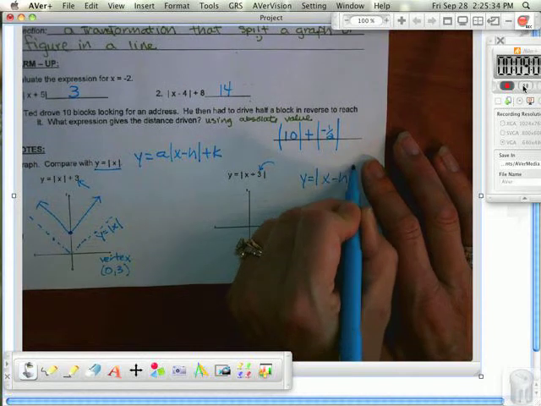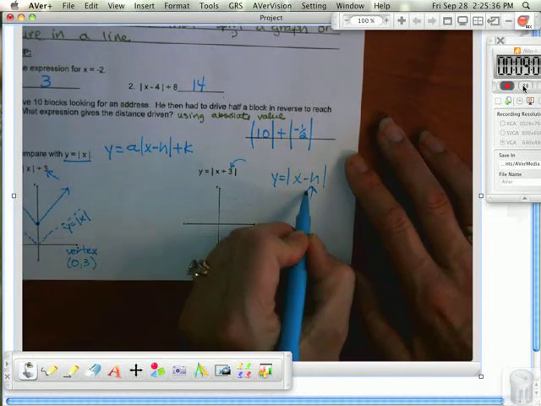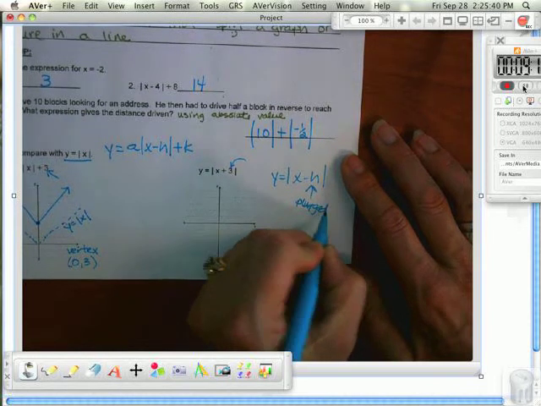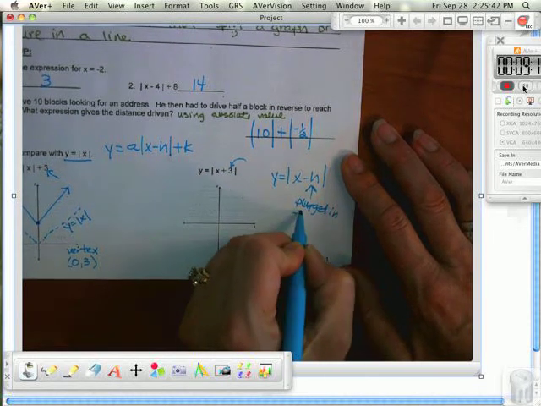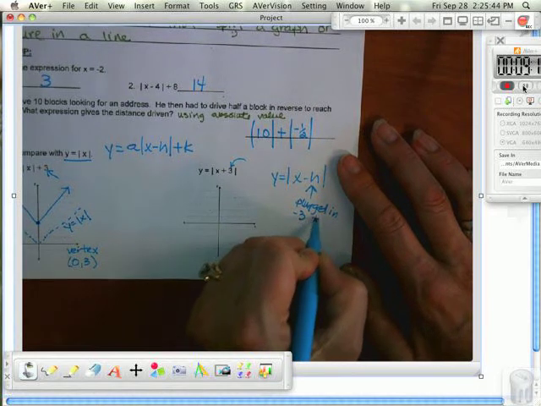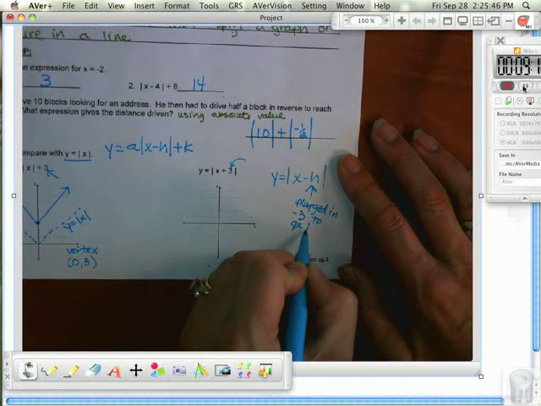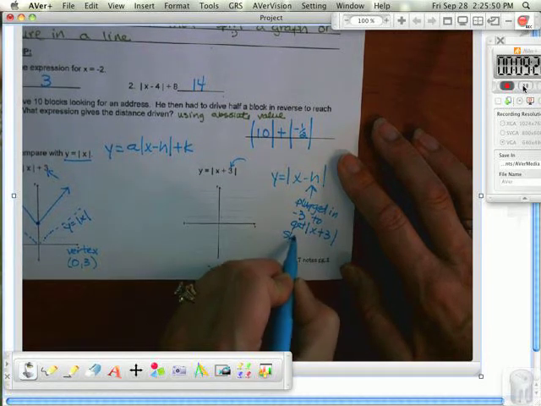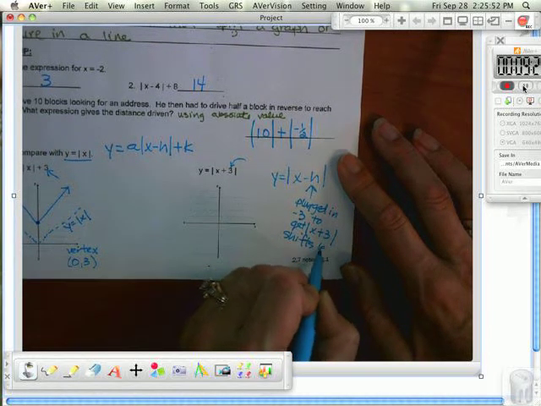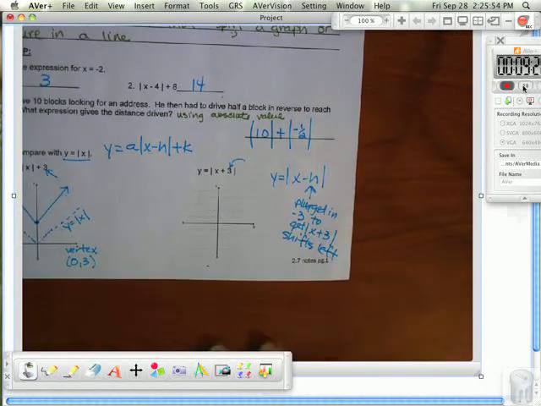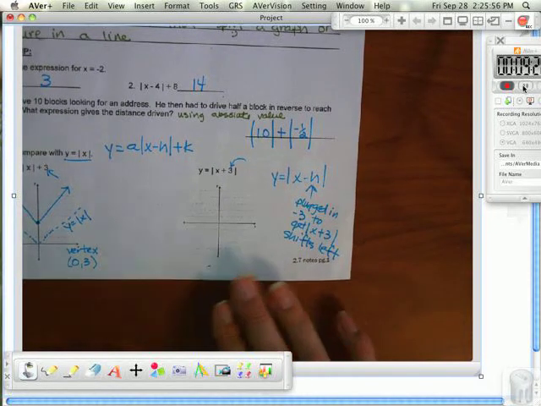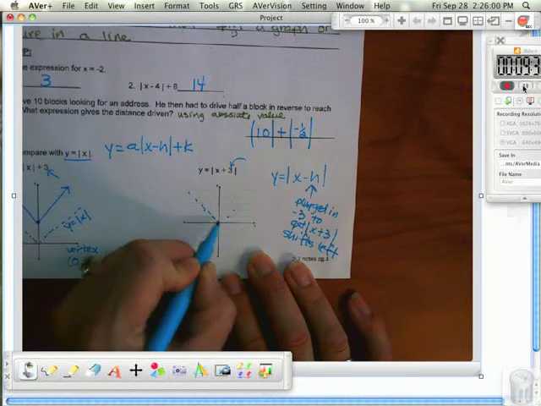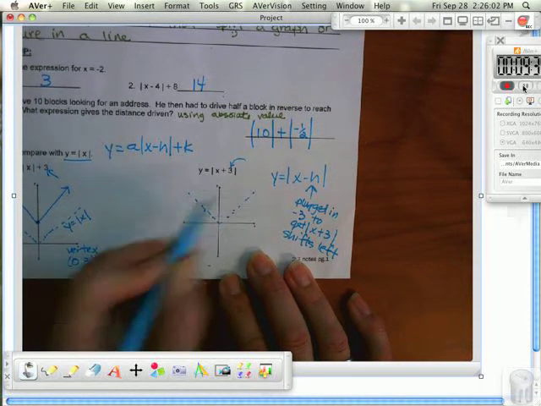We plugged in negative 3 to get x plus 3. So it shifts left. So I'm going to draw my parent function, and then I'm going to shift it left 3.